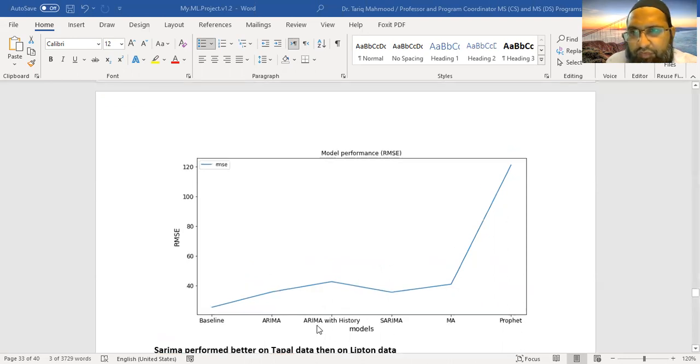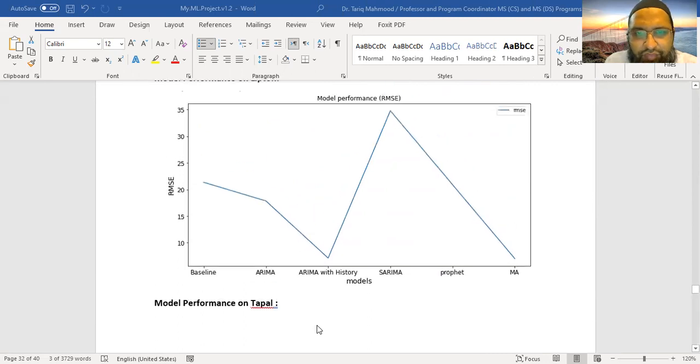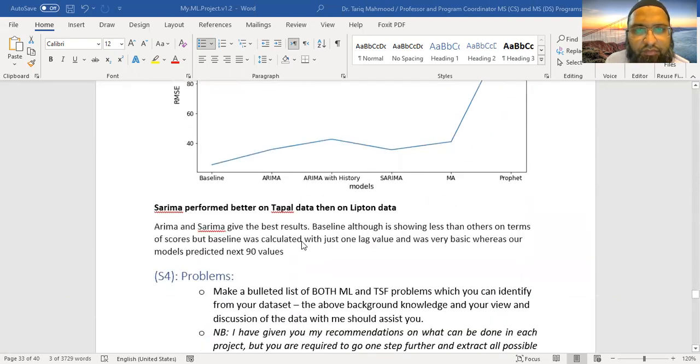So we have 2 different performances for the different tea brands. That means one algorithm does not suit all, so we have to see which algorithm fits where.